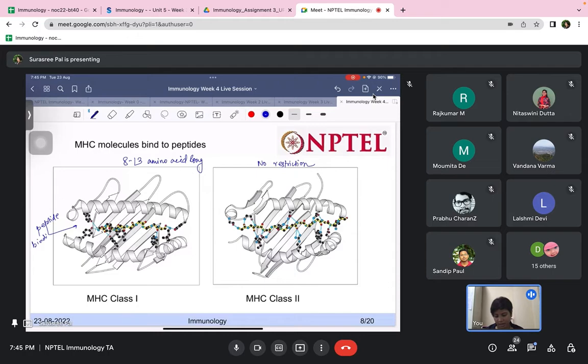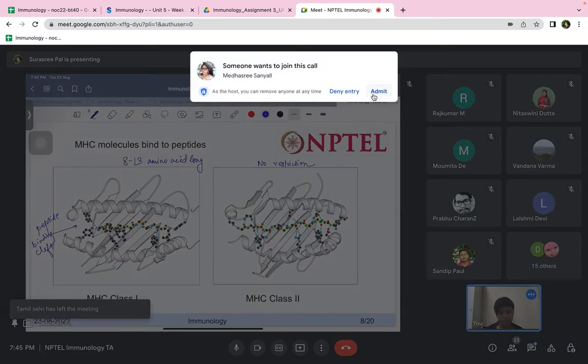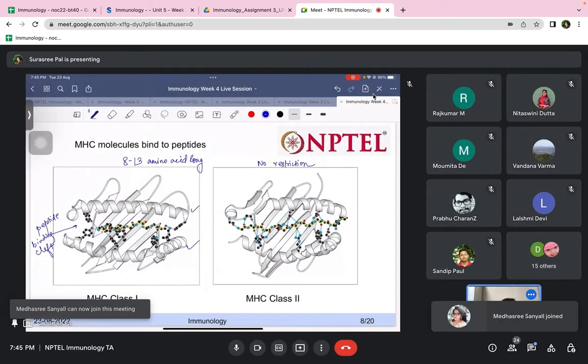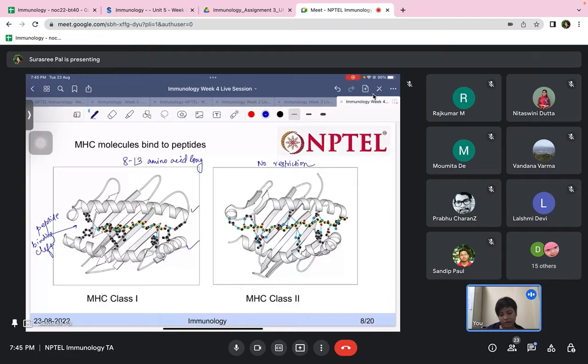So this peptide binding cleft, you can see, is lined by the alpha helices on both sides, okay? And how are these peptides binding to the peptide binding cleft? There are several interactions which help in this kind of binding.